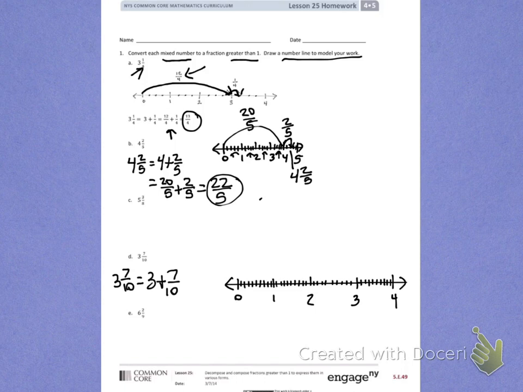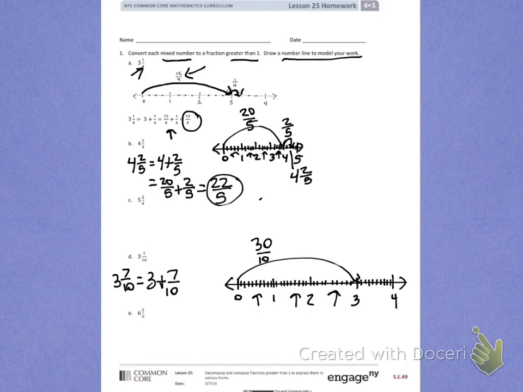So I want to add 3 plus 7/10. So I'm going to make an arrow that goes all the way to 3. Well, how many tenths are in 3? So I want my units to be in tenths. You can either count these, 10, 20, 30, or you may just know that 30 tenths makes 3, because 30 divided by 10 makes 3.